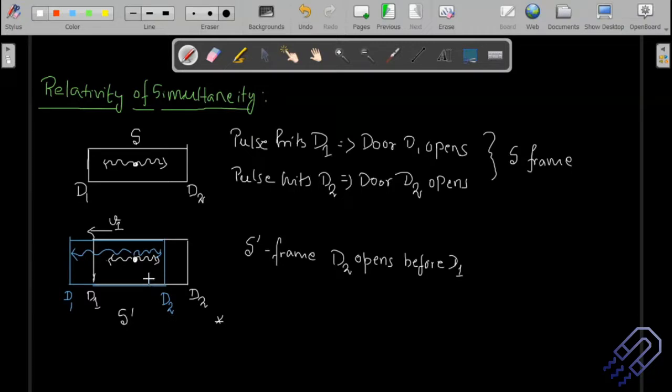I didn't frame any sentence, so maybe I can write this down to help you with framing the sentences.